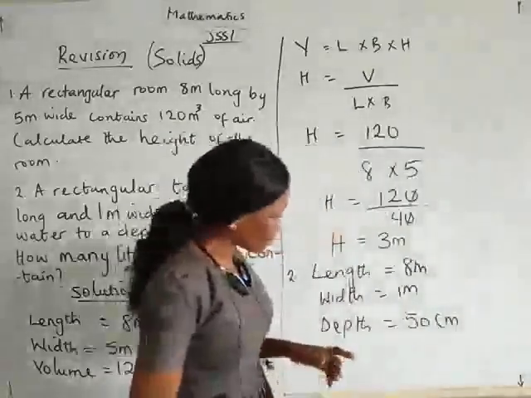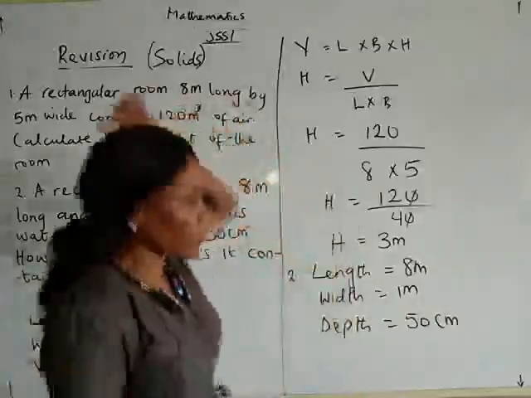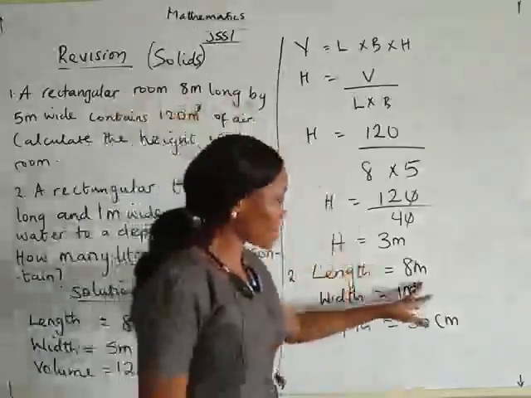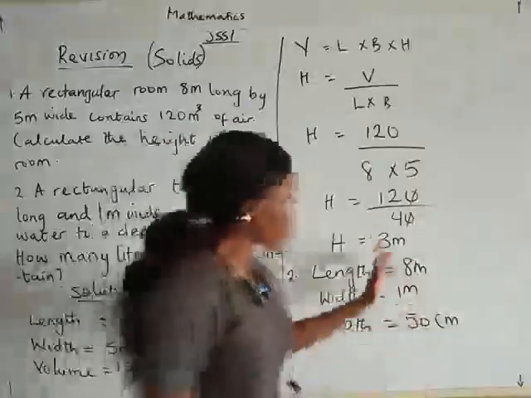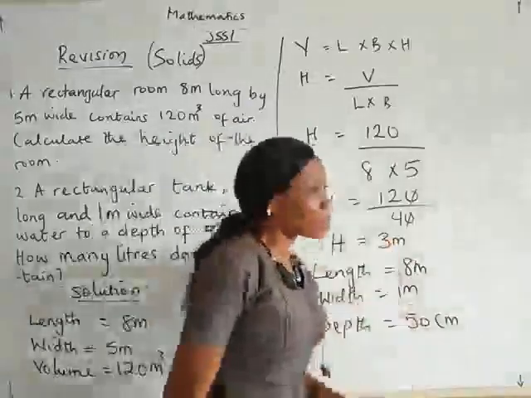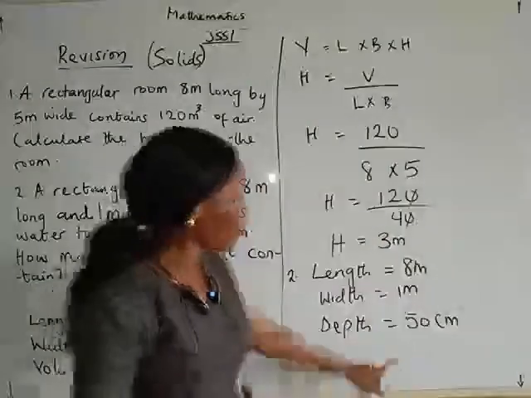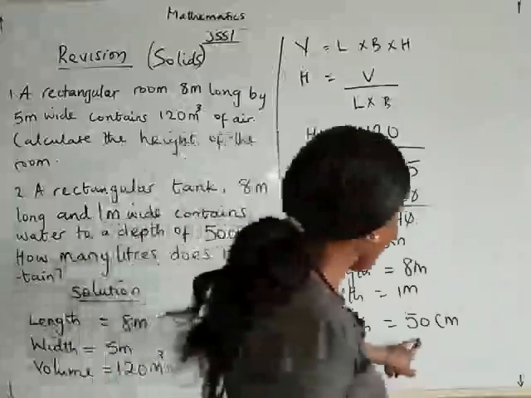Let's take note of something. For us to calculate the volume of a substance, all the units have to be the same. This one is in meters, this is in meters, and this is centimeters. If we just do the multiplication like this, we will not get the correct answer. So what we have to do first is to convert 50 centimeters to meters.